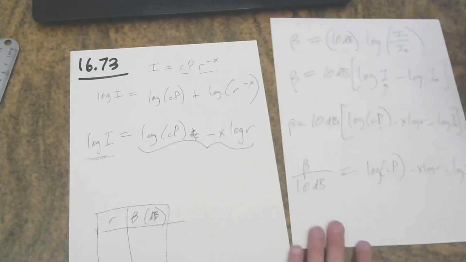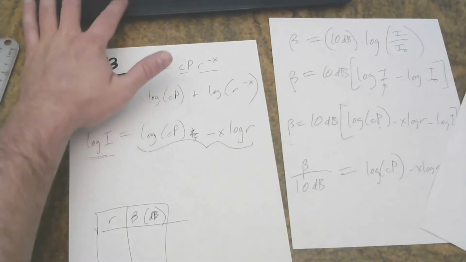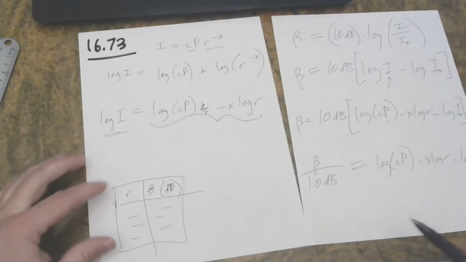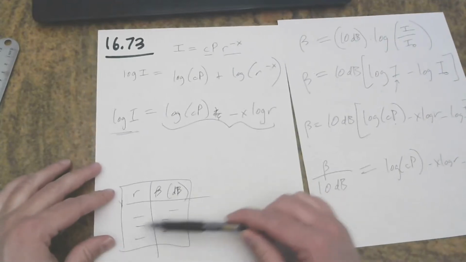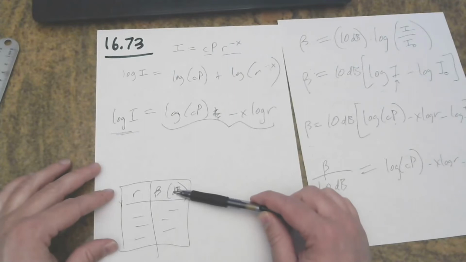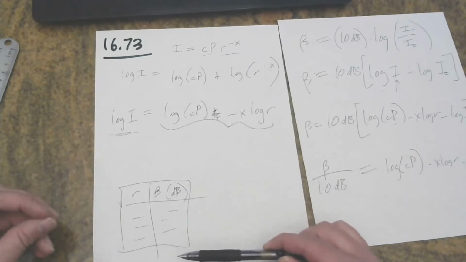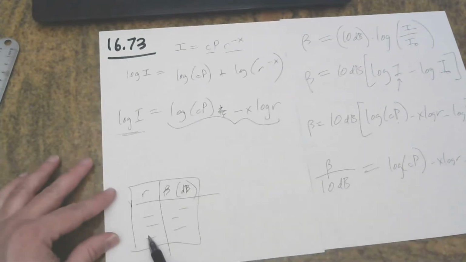Okay. And lastly, what are we doing here? Again, if we look at the data that we're given, we've got two data series. We have the distances from the source and their accompanying sound levels. So if we want to plot the data we've got on a line, we need to plot one of these versus the other.